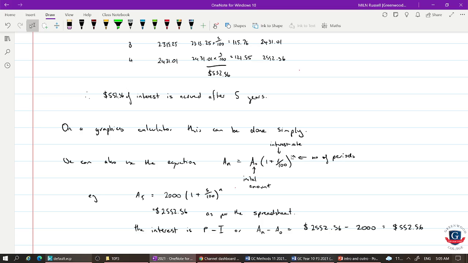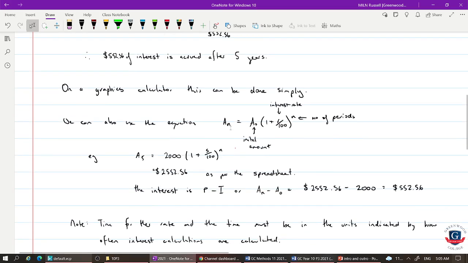So if we stick this into our scientific calculator, we will get out 2552.56 as per our spreadsheet. If we want to work out the interest component, we take the final amount, subtract the principal, or the initial amount, which is the same thing said a different way. We get 552.56, which is the interest amount.